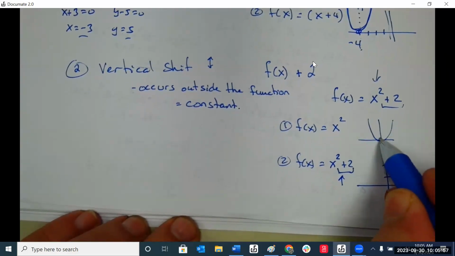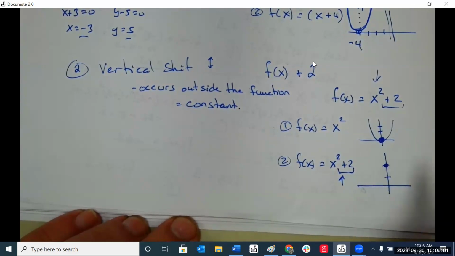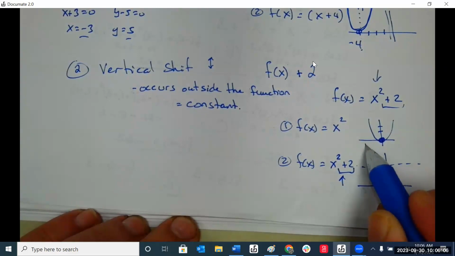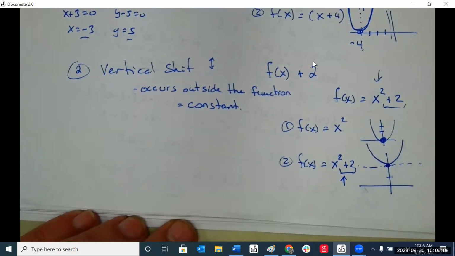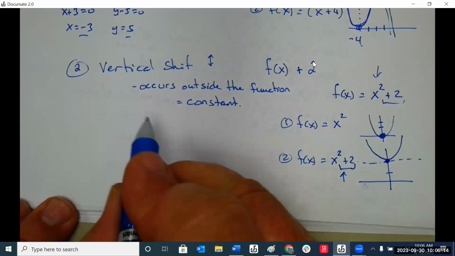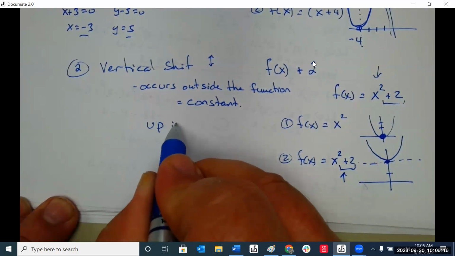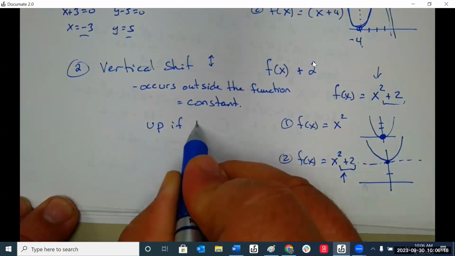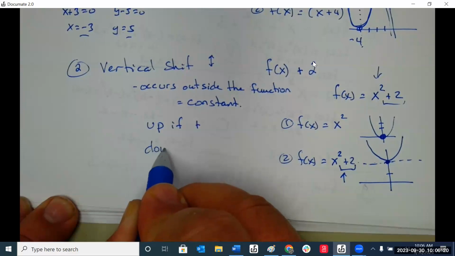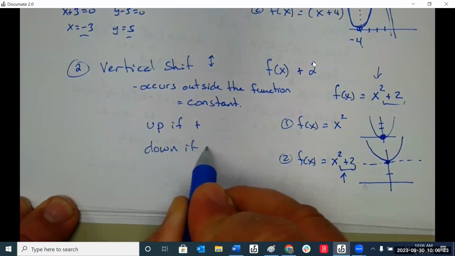So my origin used to be here at 0, 0. It's now here at this new origin. That's my graph. Up if positive, down if negative.